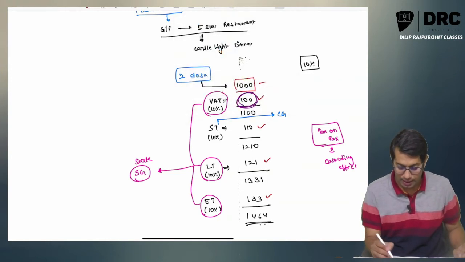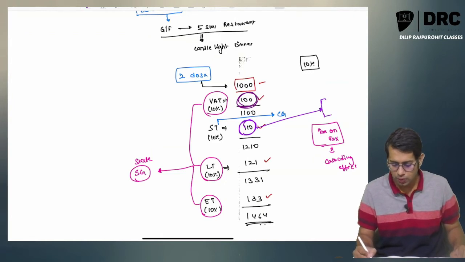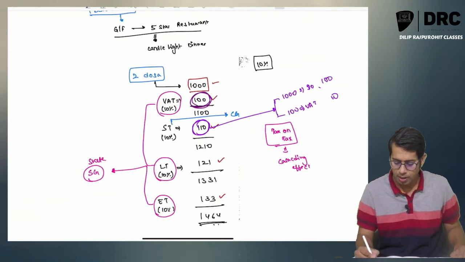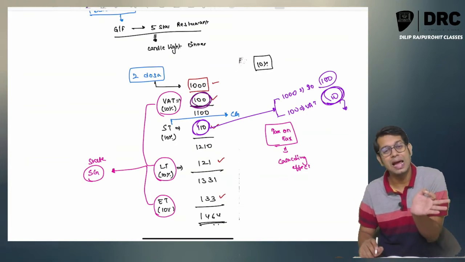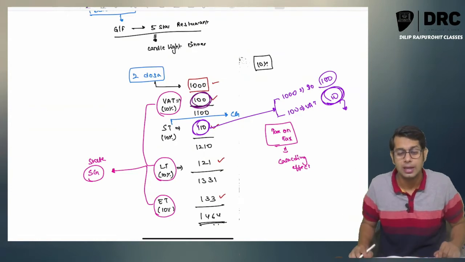Then they collected additional tax from you, which is service tax, making 1100. This 1100 is on 1000 rupees plus 100 rupees, wherein 1000 rupees is the dosa value and 100 rupees is VAT. So the 10 rupees extra which you are paying as service tax is a tax on tax.